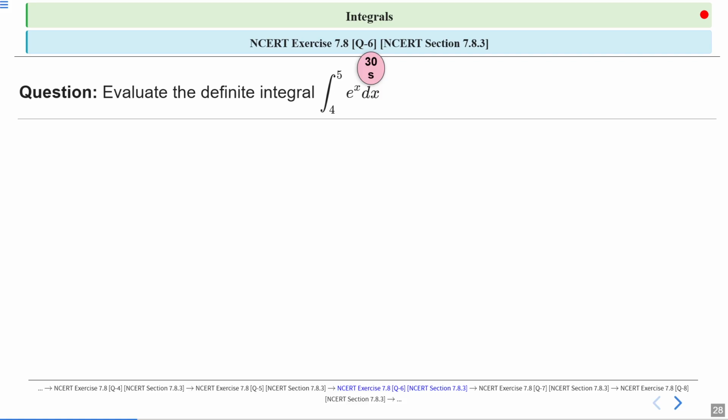So the next question is, evaluate the definite integral from 4 to 5 of e^x dx. Okay, just try.